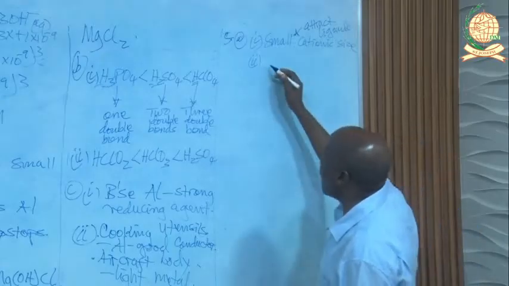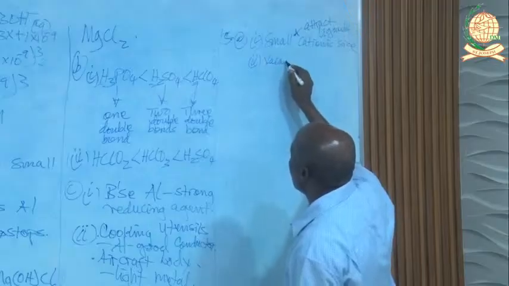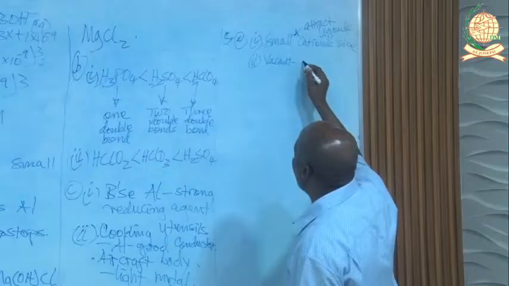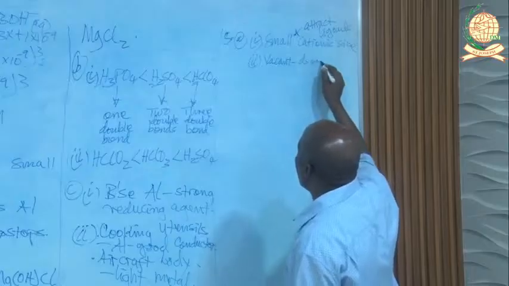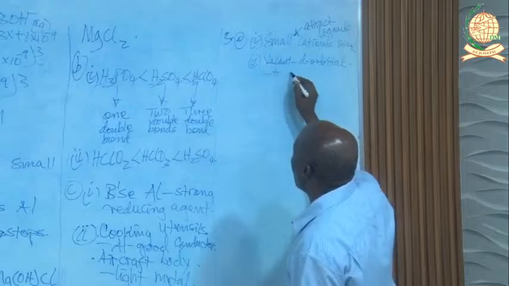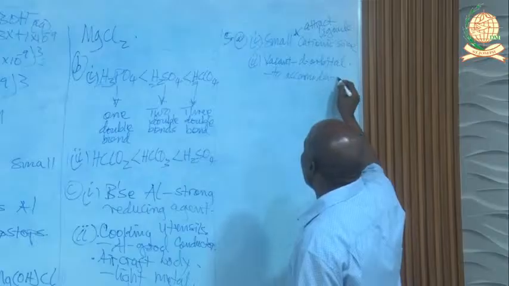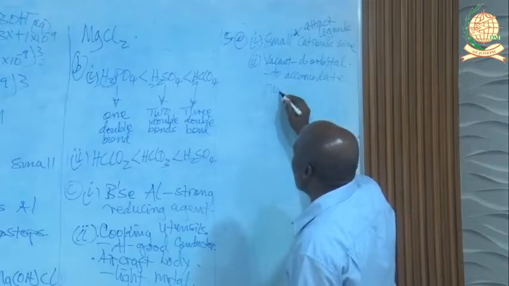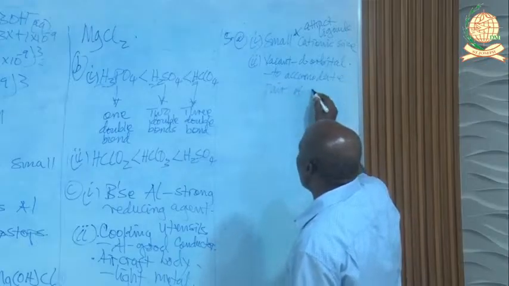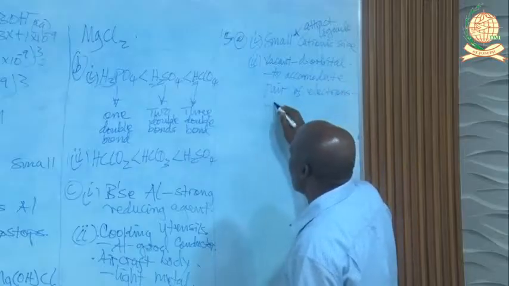Now, vacant d orbitals. When we say vacant, we mean empty d orbitals, which are there to accommodate a pair of electrons from ligands.